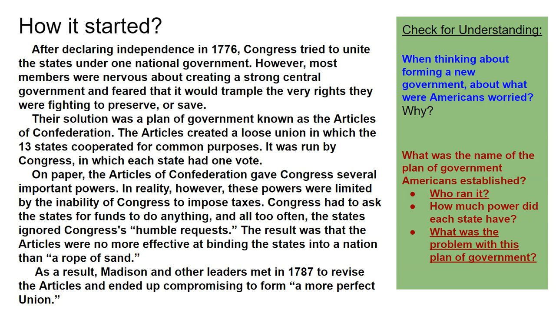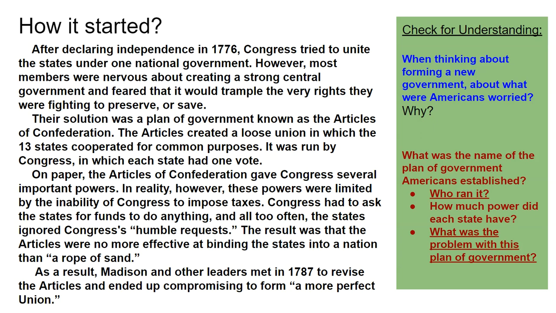On paper, the Articles of Confederation gave Congress several important powers. In reality, however, these powers were limited by the inability of Congress to impose taxes. Congress had to ask the states for funds to do anything, and all too often the states ignored Congress's humble requests.